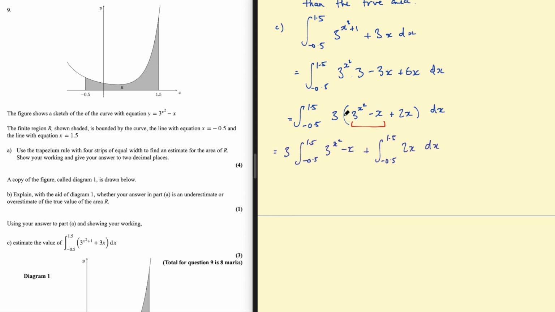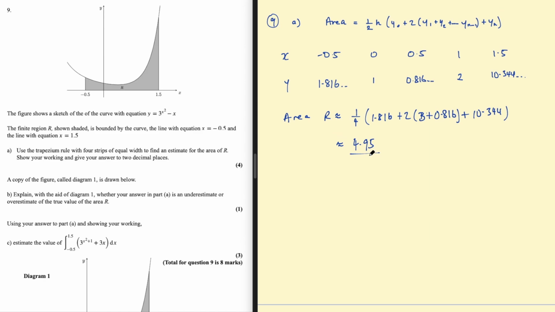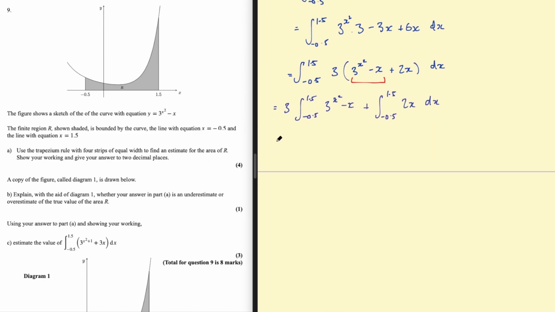So we're going to substitute in the value we got from part A into here. So that was 4.95. So this is equal to 3 times 4.95. And here I should use approximation signs because this is no longer an exact value. And then we need to worry about this integral. So the integral of 2x is x squared, right? You add 1 to the exponent, divide by that exponent. 2 divided by 2 is 1. So this is x squared from negative 0.5 to 1.5.